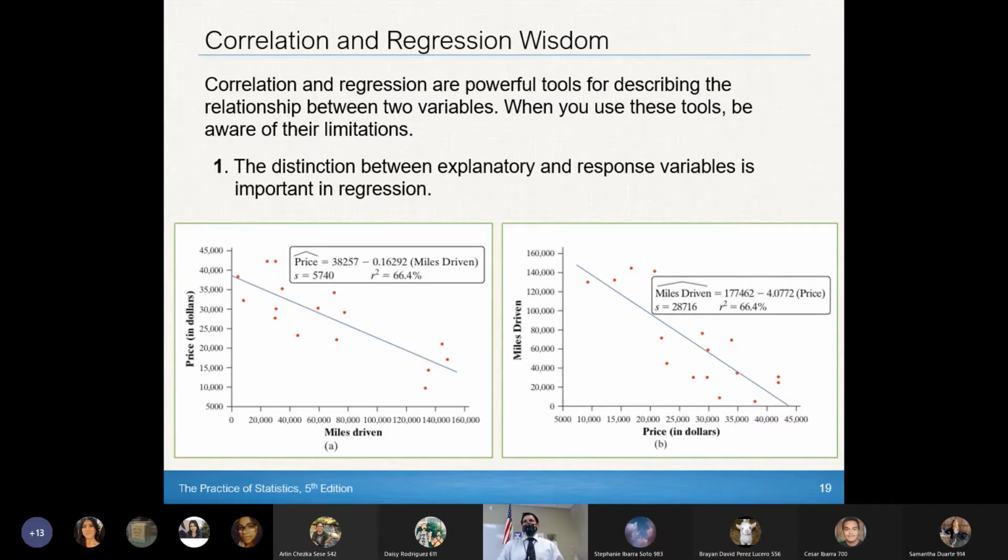So that s value is much larger than it was for the same data set the other way. We notice R squared is the same, 66.4% for both. That's because even if we switch x and y, this has no effect on the value of r.